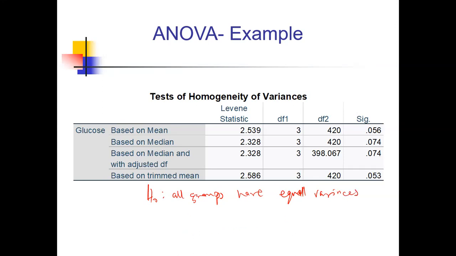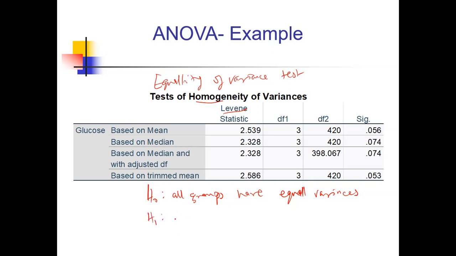That is the null hypothesis for Levene's test, or for the homogeneity of variance test, or for the equality of variance test. It can go by any of these names. The test is saying, under the null, that all the groups have equal variances.